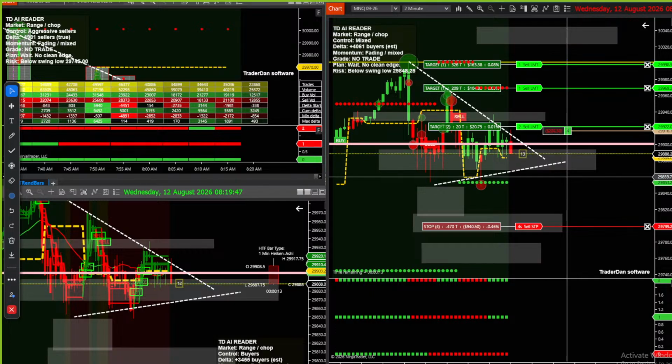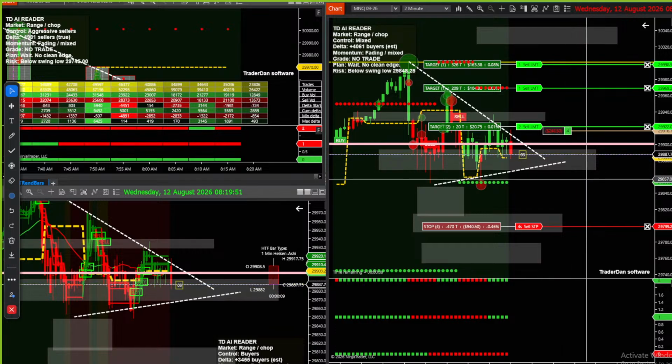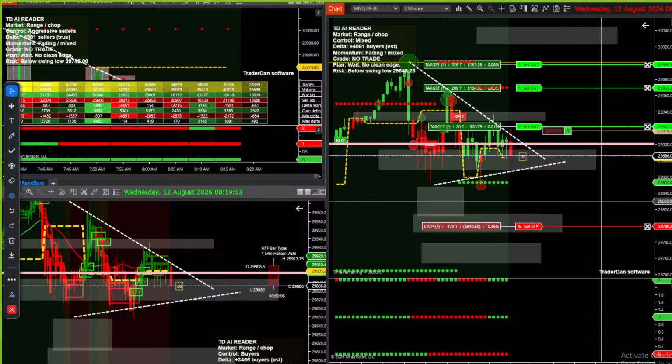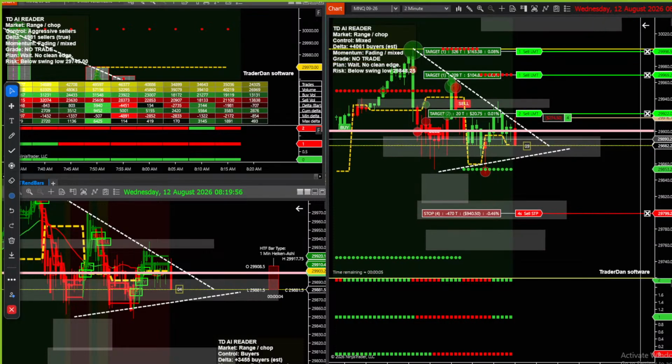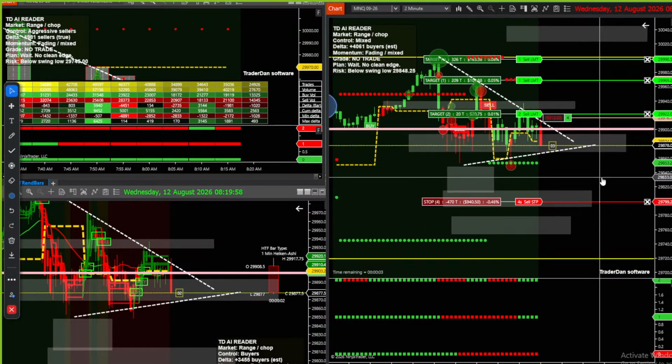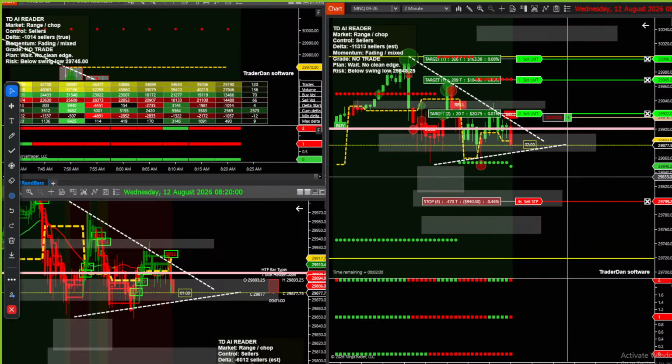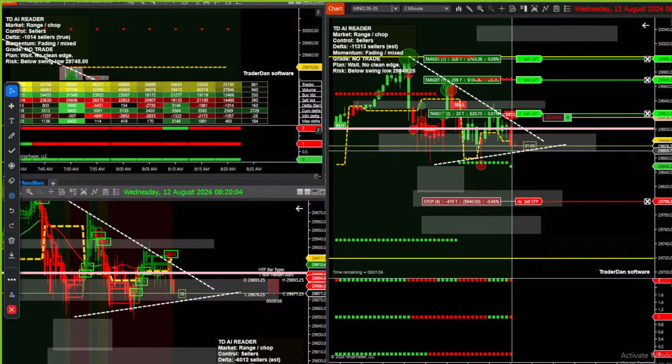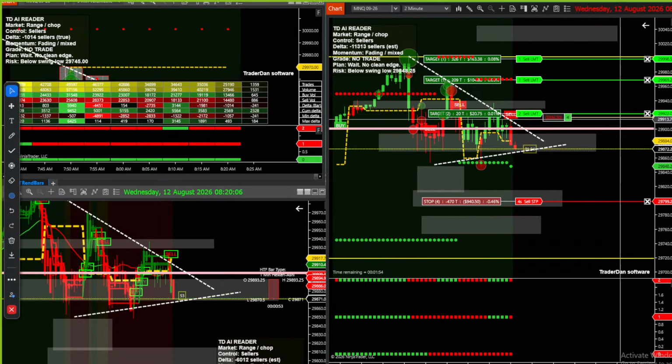Wow. So we get it, and then we get rejected again. We are chopped, guys. Chop, chop. That is the sell bar coming down into this.